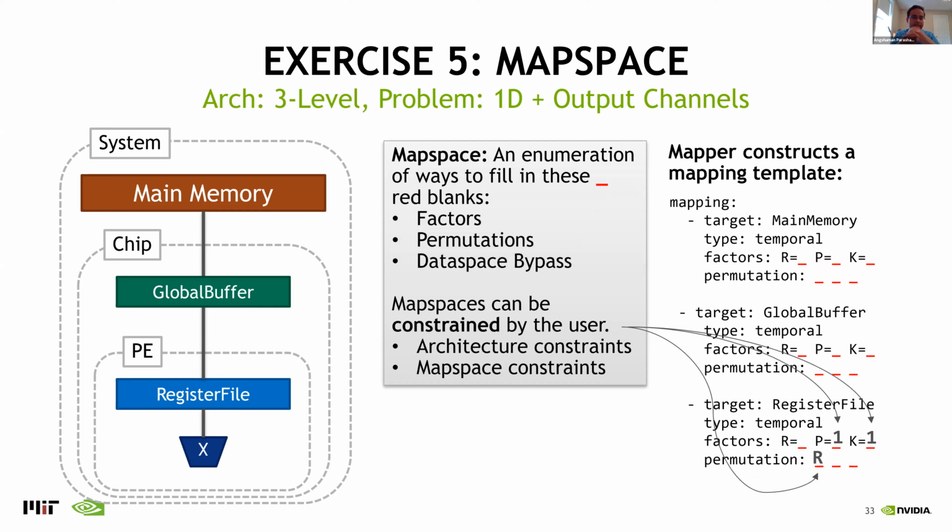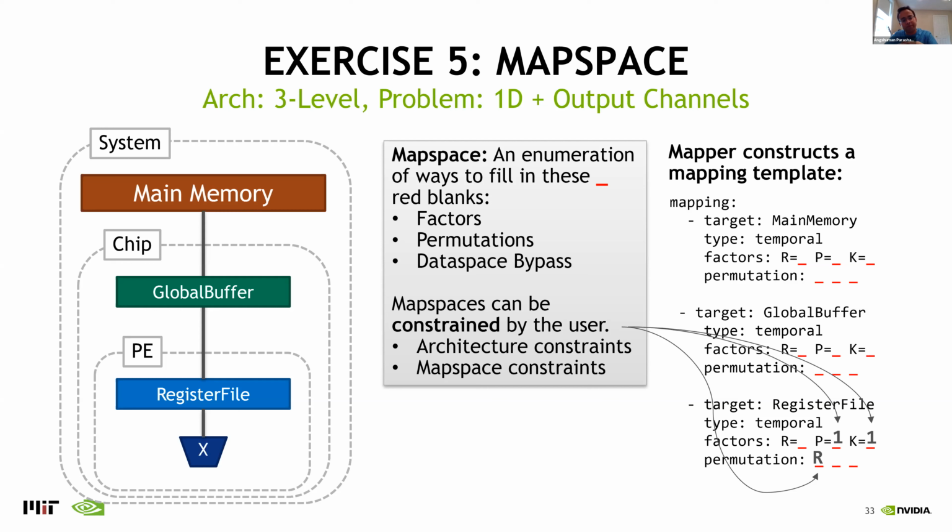And so as an example, in NVIDIA's design, the spatial fan out from the global buffer into the PEs is over the K and C dimensions. It doesn't allow spatial fan outs over other dimensions. And that leads to a much more simplified network that's very, very energy efficient. So that's an example of an architecture constraint.